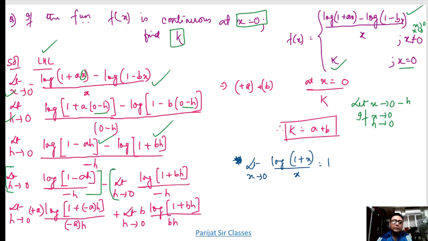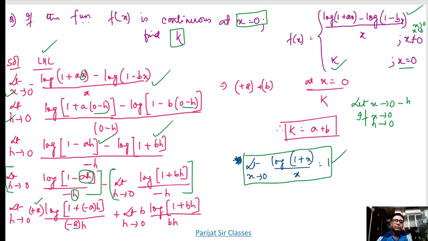Please remember here, limit x tends to 0, log(1 plus x) by x is 1. So this is my x part. Here I have to make it ah, so I put a minus a here, so I have to adjust with an a.